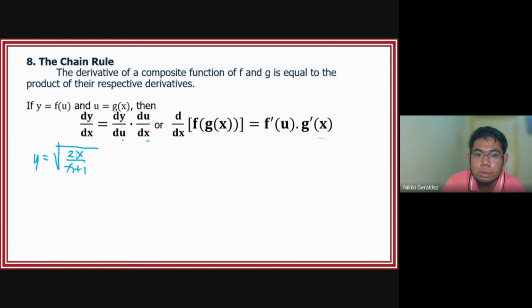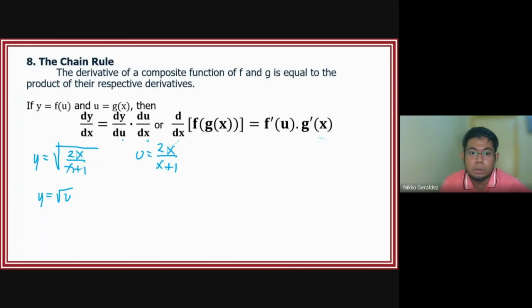So, let u equal 2x over x plus 1. Yung y mo, so that is y equal to square root of u. Di ba? Composite function. Meron kang y in terms of u and u in terms of x.